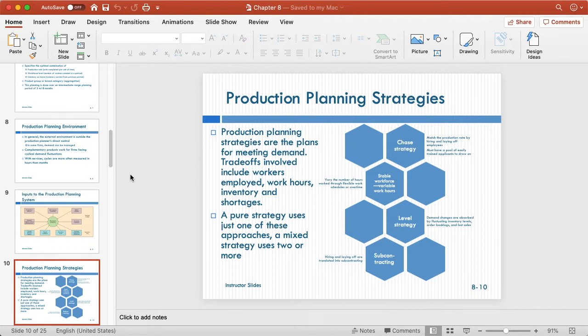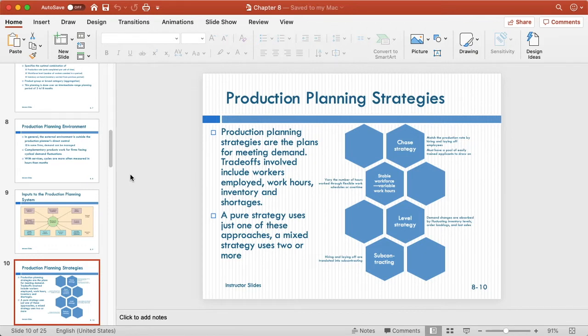Under this strategy, your workforce level is always stable. You don't hire or lay off employees during this process. But the work hours for those constant employees are variable.